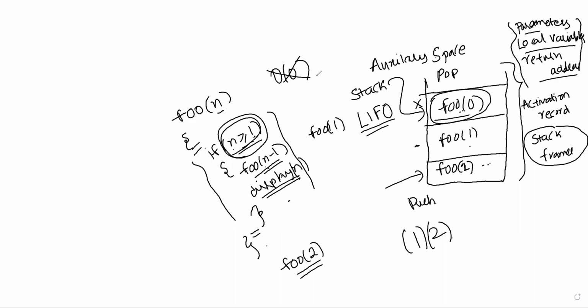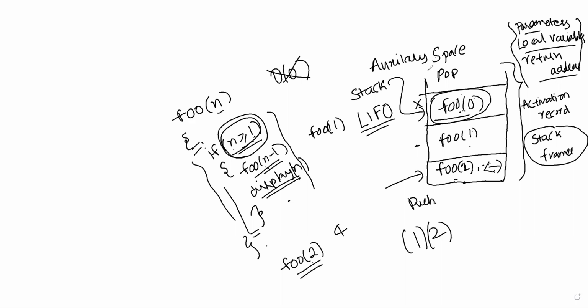But that is not the right answer because it has created some space. How? For each and every function call, it creates auxiliary space in the stack. For 2, I occupied 3 frames. For 4, I would have occupied more frames.